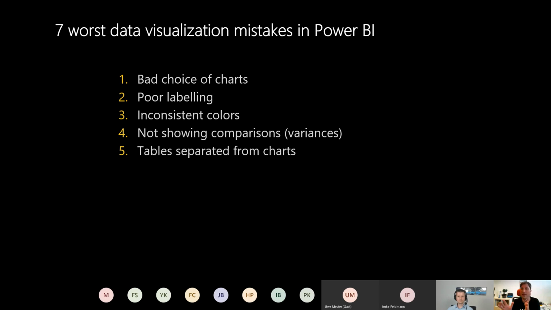And then on the other hand, you have those Power BI matrices or Power BI tables that are pure text and just a lot of numbers. So it's like a sea of numbers, and they are completely two separate worlds, right? When in fact you could join the two worlds together and combine tables and charts, which is a nice technique to create reports, as we will see in a moment.